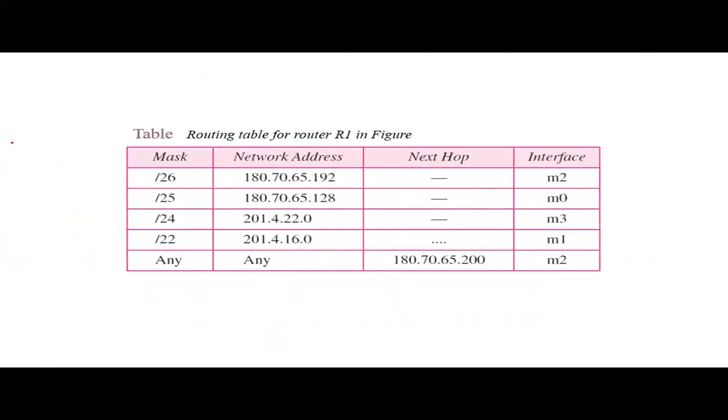So we will apply this mask to our address given in the question, 180.70.65.140. When we apply the mask /26, we will get the resultant network. What is the resultant network we will get? We will get 180.70.65.128.